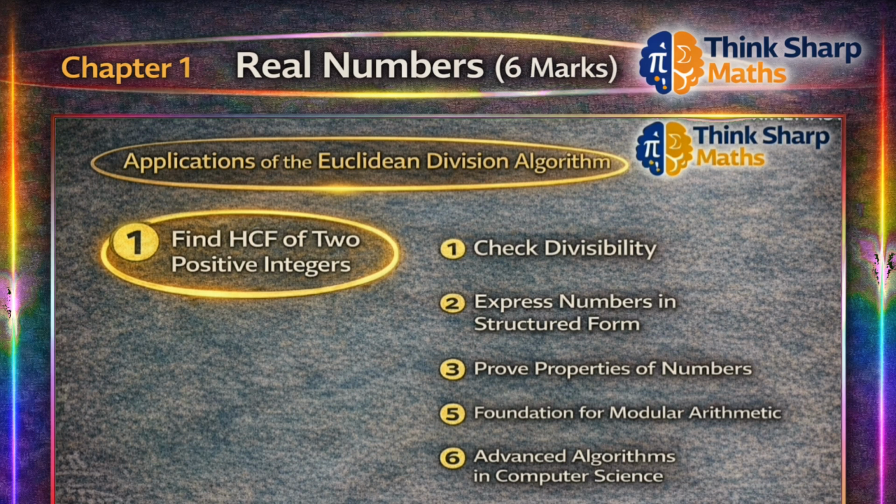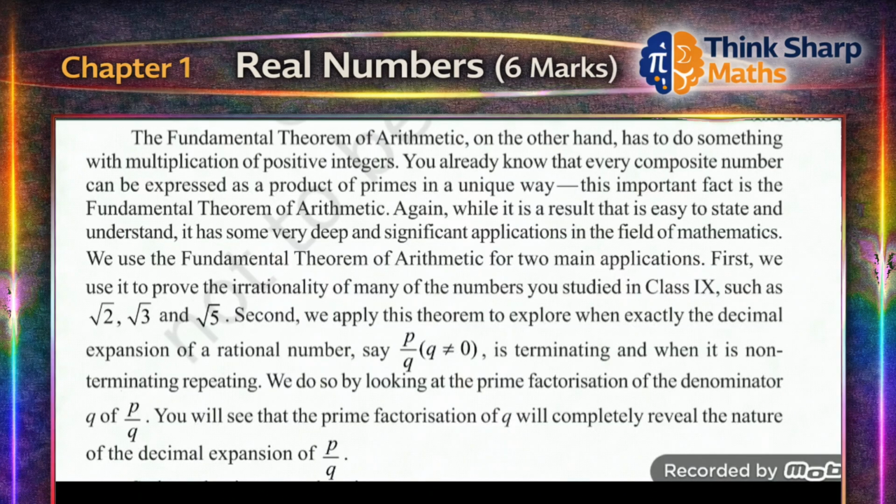It is not for your exam purpose, it is just to show you that other applications exist, like checking divisibility, expressing numbers in structured form, proving properties of numbers, foundation for modular arithmetic, and advanced algorithms in computer science. So these are some of the uses of Euclid division algorithm, of which we are going to see finding the HCF of two positive integers in this chapter.